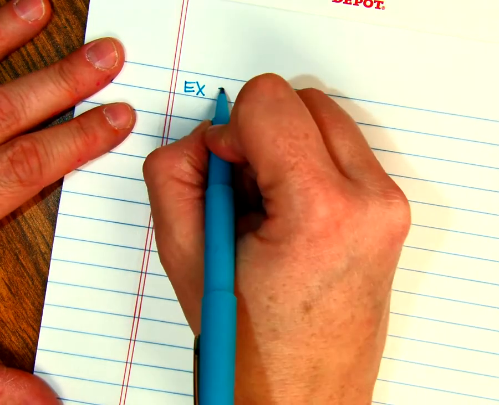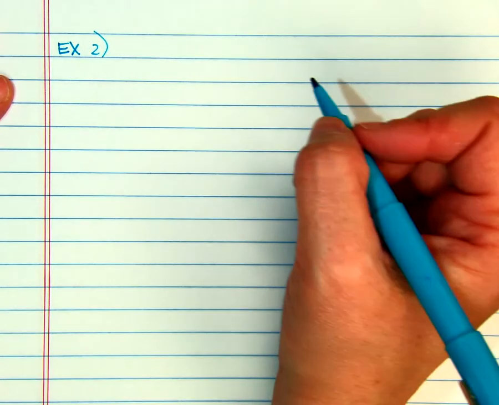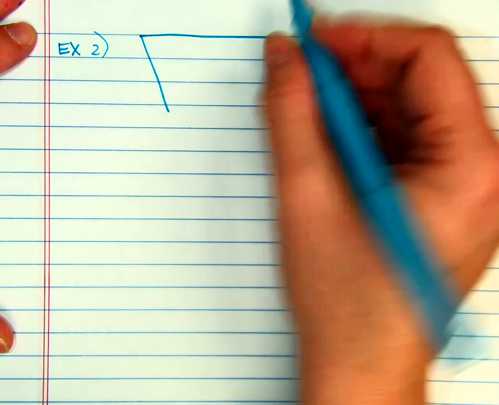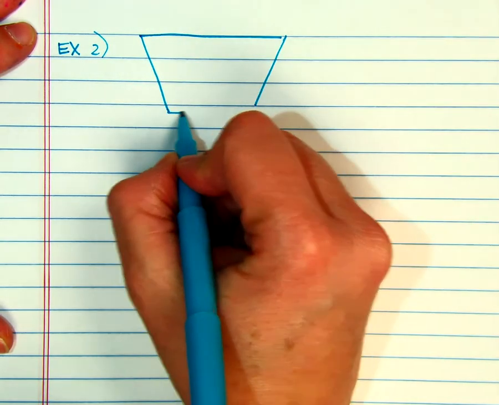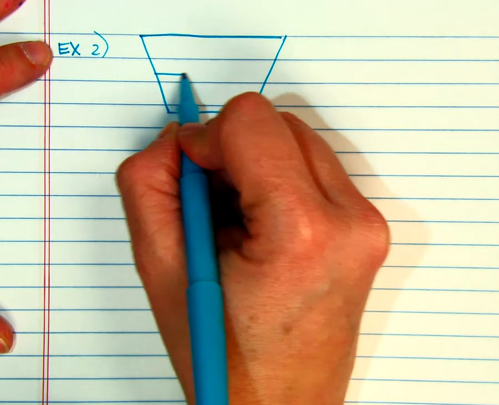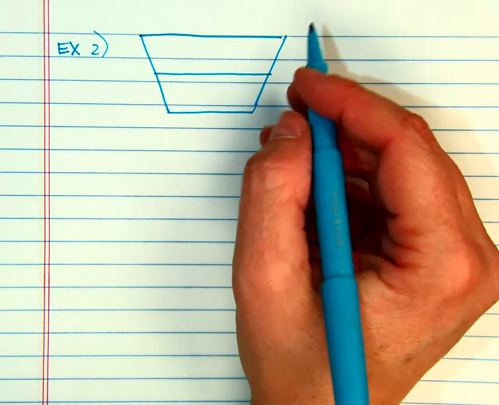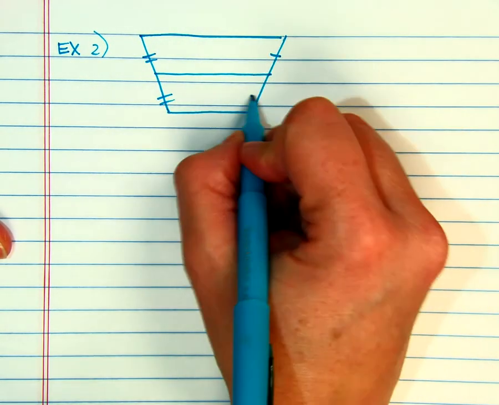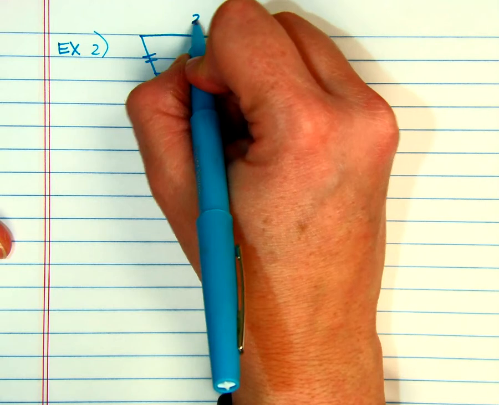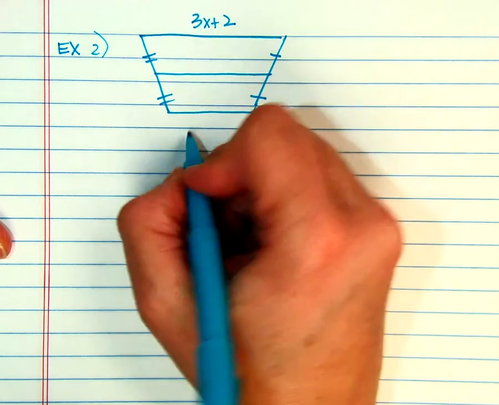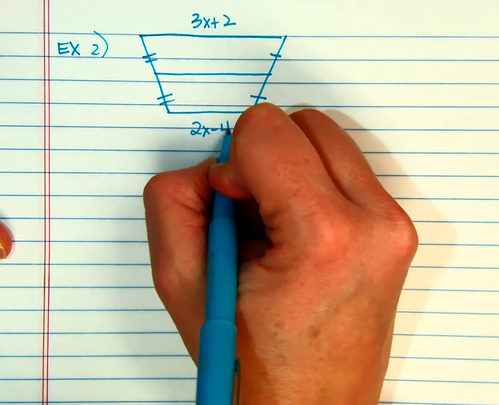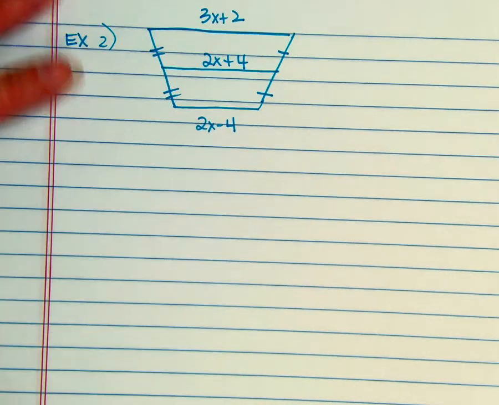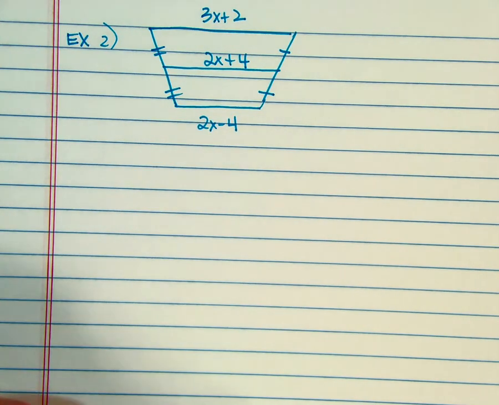This is going to be example 2. Keep getting crooked. Okay, so we're adding a little bit more difficulty in there.